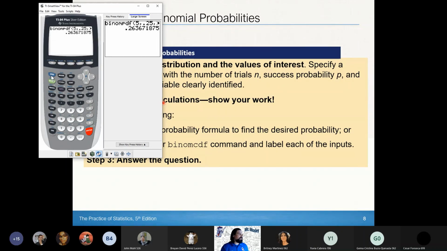If I wanted to know the probability of having 2 or fewer children with blood type O, we would do the same set of keystrokes, except instead of using the PDF function, we'll use option B, which is binom CDF. It's going to ask for the same 3 numbers: 5 trials, probability of success 0.25, and the value of k, the value in my probability statement, P of X less than or equal to 2, goes in for the x value.